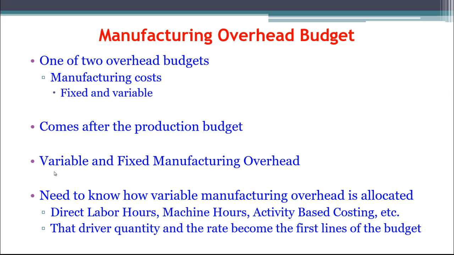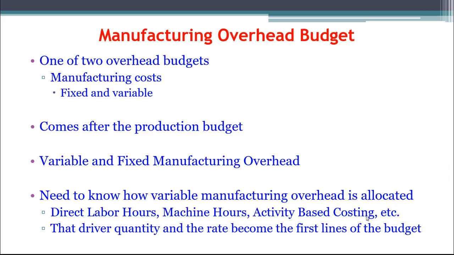Again, you're going to have both variable and fixed manufacturing overhead. We need to know how this company allocates their variable manufacturing overhead. In our simple example, it's going to be direct labor hours. You might see a company using machine hours. You might even see a company using activity-based costing, and you just need to use whatever that driver quantity is.